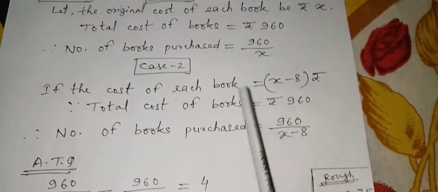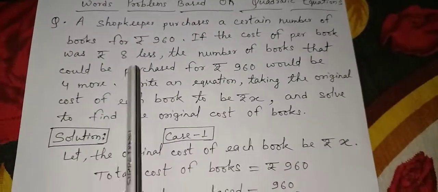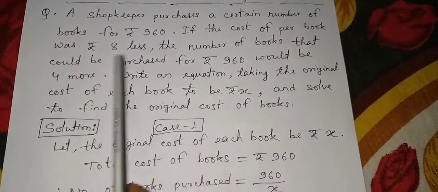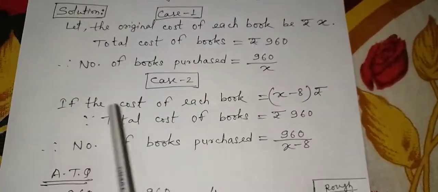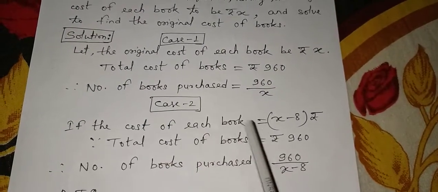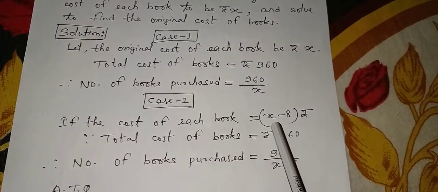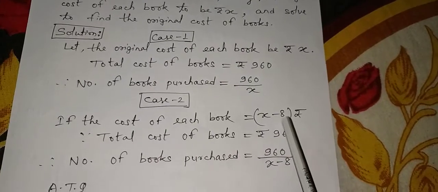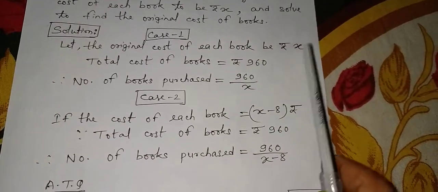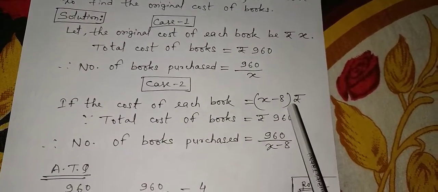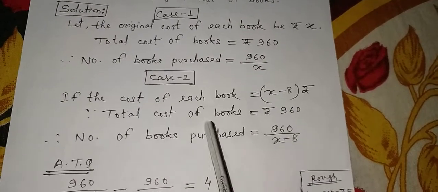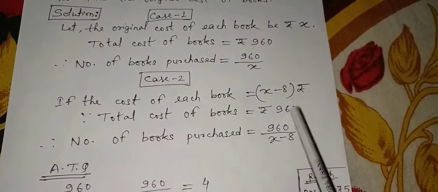Now in the second case, the price of the books has been decreased by 8 rupees. So earlier the cost of each book was rupees x. Now it will be x minus 8 because it is decreased by 8 rupees. So from this x, 8 rupees will be decreased. The total cost of the books is the same. Actually his total bill is the same.